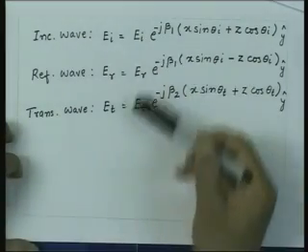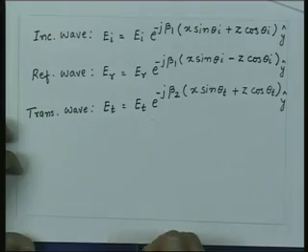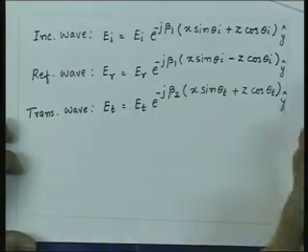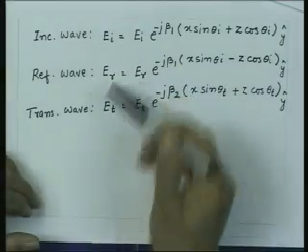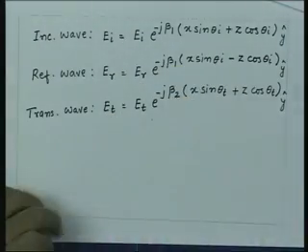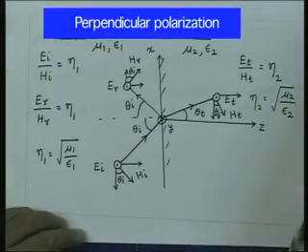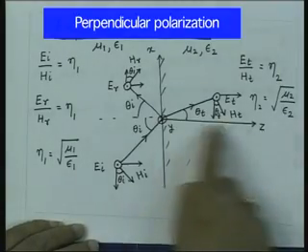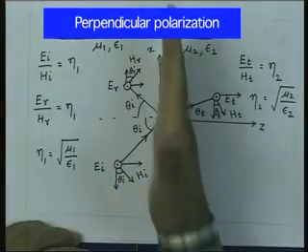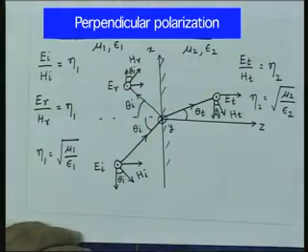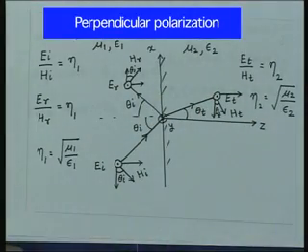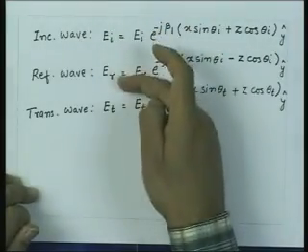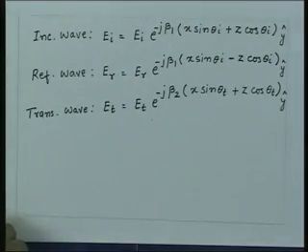Now, if they have to satisfy the boundary condition, and since all these three fields are continuous and tangential to this boundary, EI plus ER should be equal to ET at the dielectric interface, which is z equal to 0. So, this plane, which is the dielectric boundary, is defined by z equal to 0 because we have taken the origin at the interface. So, at z equal to 0, the sum of these two fields should be equal to the transmitted field.